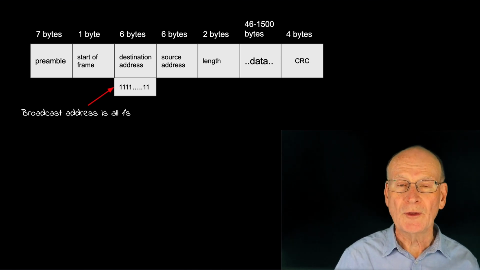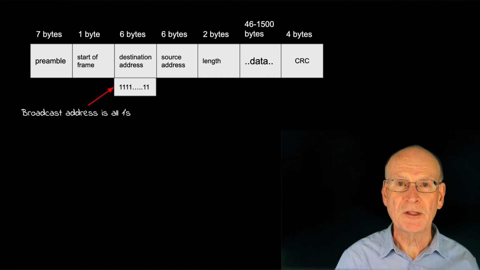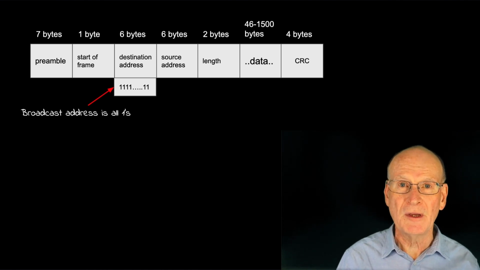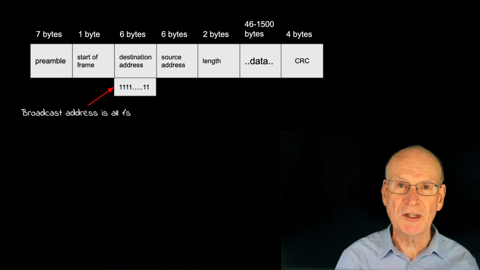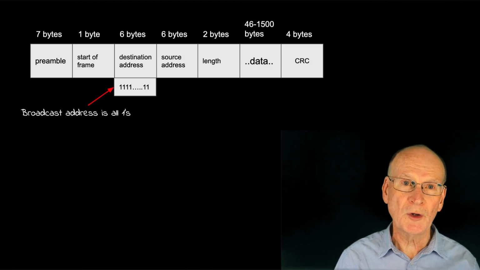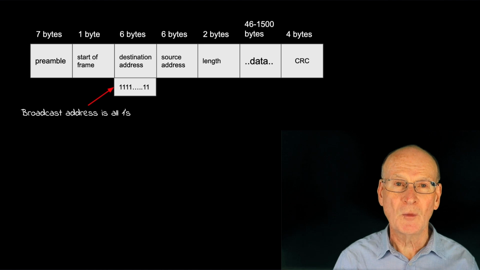Now, to find out what the Ethernet address is that corresponds to a given IP address, we use a protocol, which is a particular packet format that's carried inside the Ethernet frame. And this protocol is called the Address Resolution Protocol, or shortened to ARP. If a node wants to find out the Ethernet address of a node with, say, IP address 123.234.1.1, it'll send out an ARP message to the Ethernet broadcast address that says, who has 123.234.1.1?